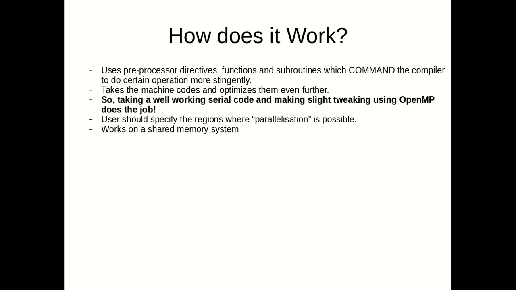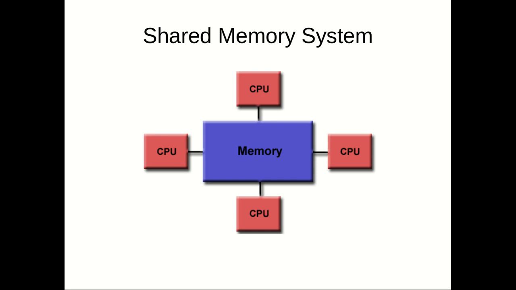And this works on a shared memory system. This technology is built for shared memory systems. So let's see what a shared memory system is. A shared memory system is something similar to this. It's a condition wherein the memory is located in the same hardware, and all the processors have the capacity to access each and every bit of the memory directly and easily.